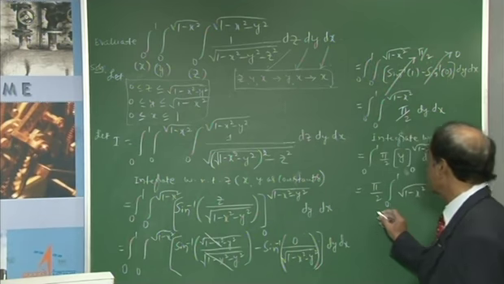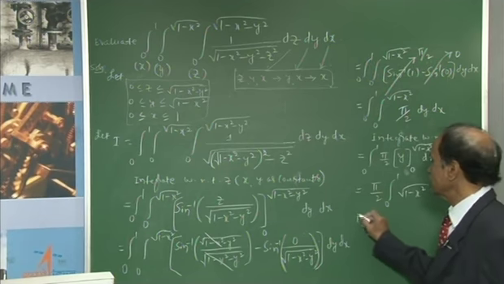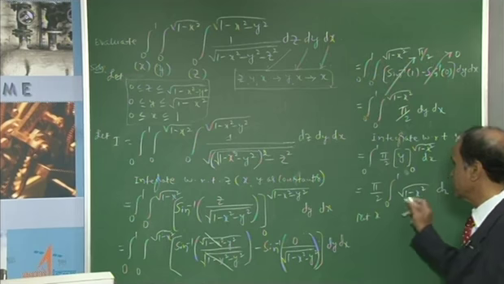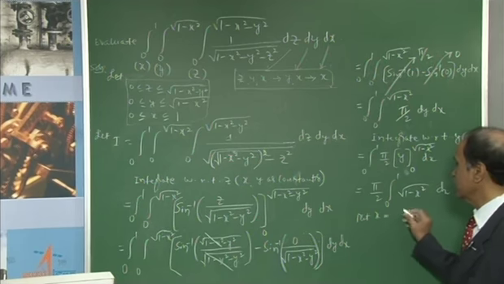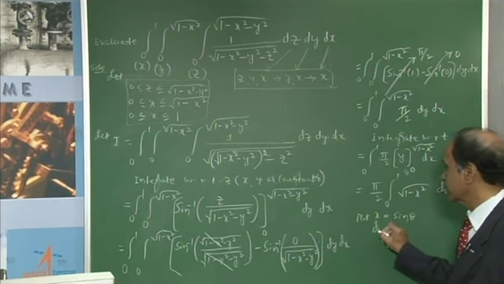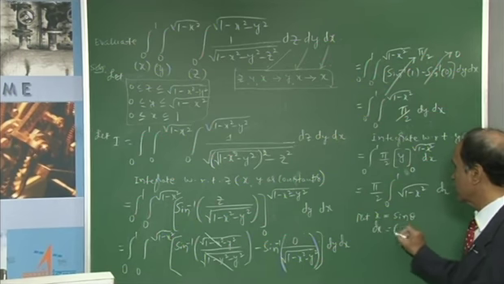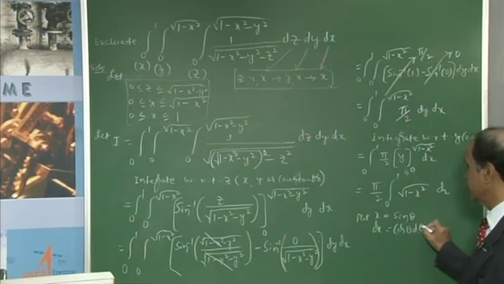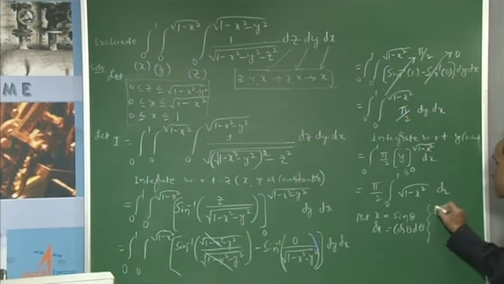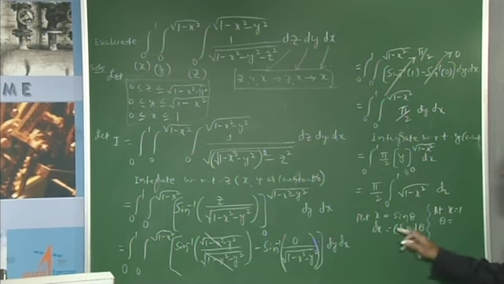Let me take x equal to sin theta, the substitution I am choosing because you have to avoid this square root sign. Then dx equals cos theta d theta. Then the limits: at x equal to upper limit 1, theta is equal to sin inverse of 1, which should be 90 degree.